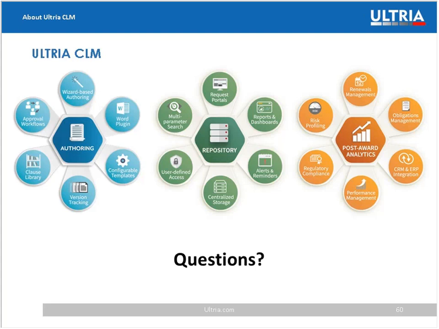Yes, Ultria post-award compliance management can take multiple feeds. In this case, we'll take your order feed from your Oracle environment. We'll take your deliverable feed from SAP. We'll use the contract record ID from both, and we'll map the line items so that you could have a unified single place where all stakeholders can validate and view your own compliance and meeting the obligations of your customer, despite having two different source systems.